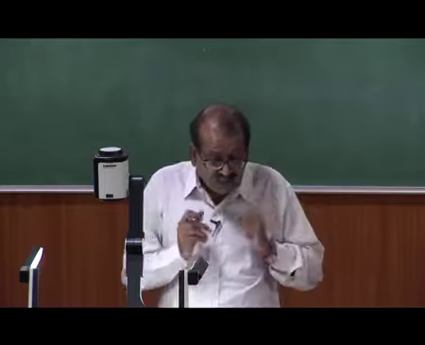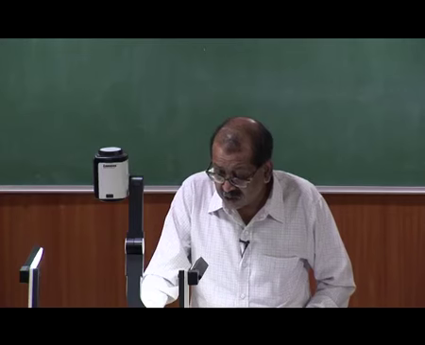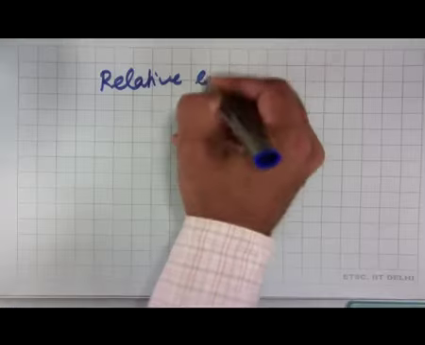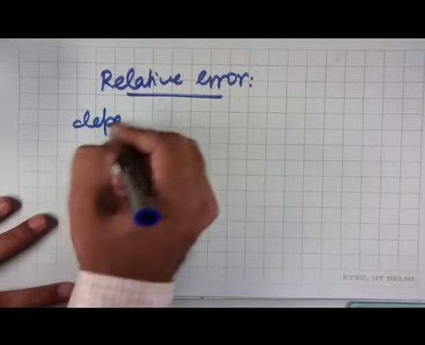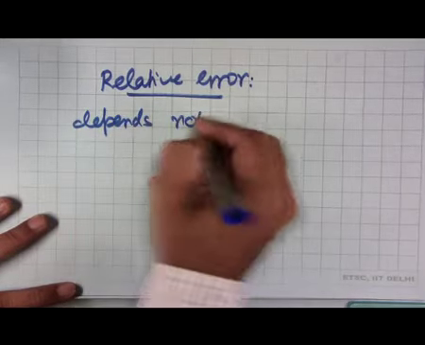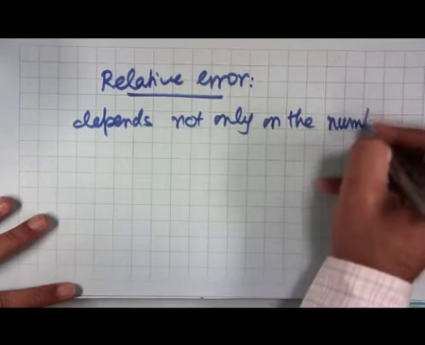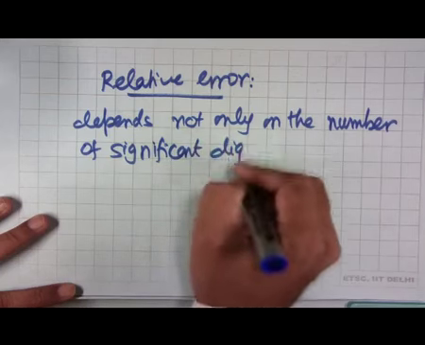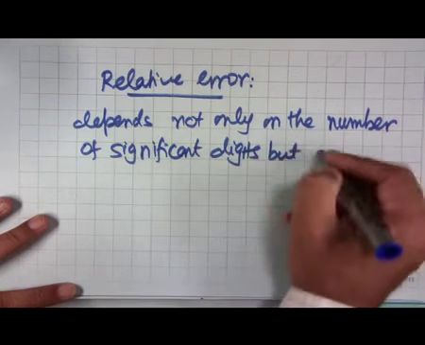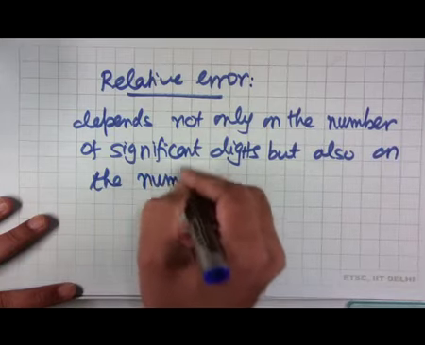Now, one thing which we will realize is that the relative error depends not only on the number of significant digits, but also on the number being measured.